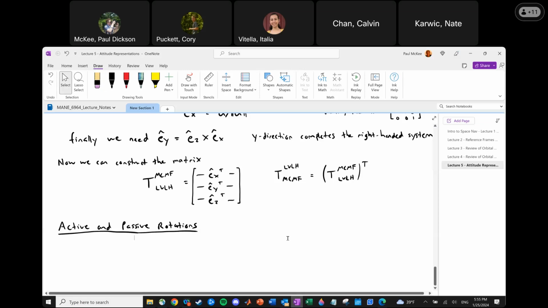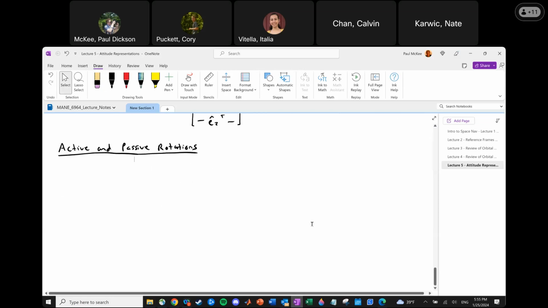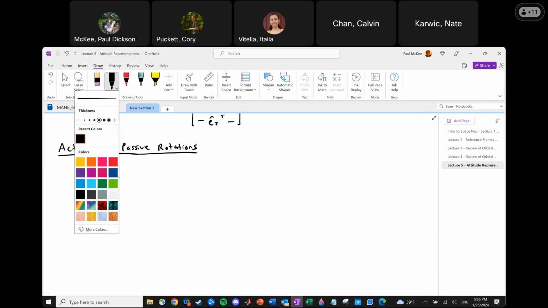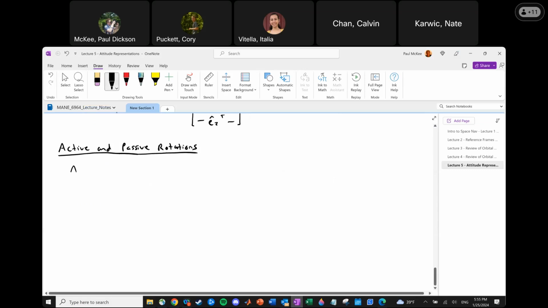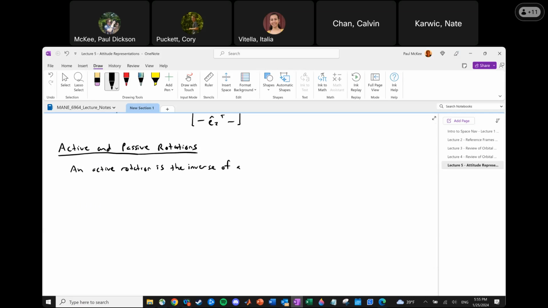All right, so next we're going to go into more detail about that thing that I was whining about earlier, which is the active and passive rotations. An active rotation is the inverse of a passive rotation, and vice versa.